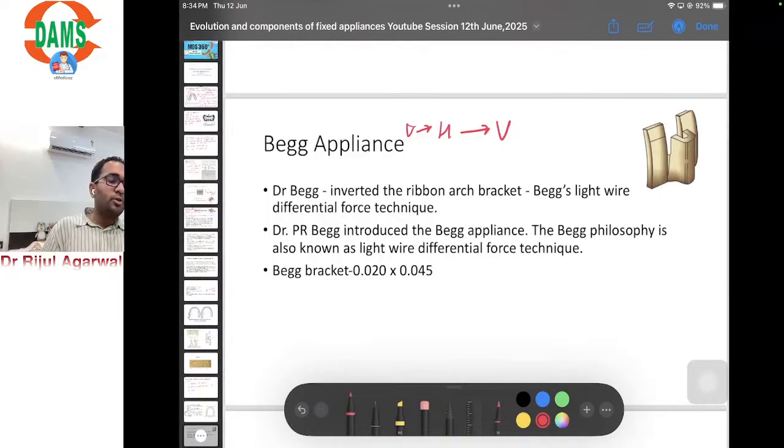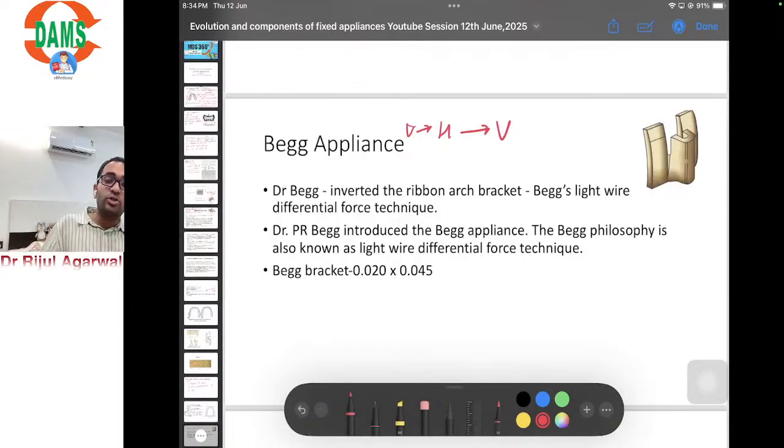The main philosophy behind his thinking was that in the edgewise appliance, he found that using heavy rectangular arch wire meant heavy forces would be delivered on the teeth. If you are delivering heavy forces, there became a need for more anchorage preparation.